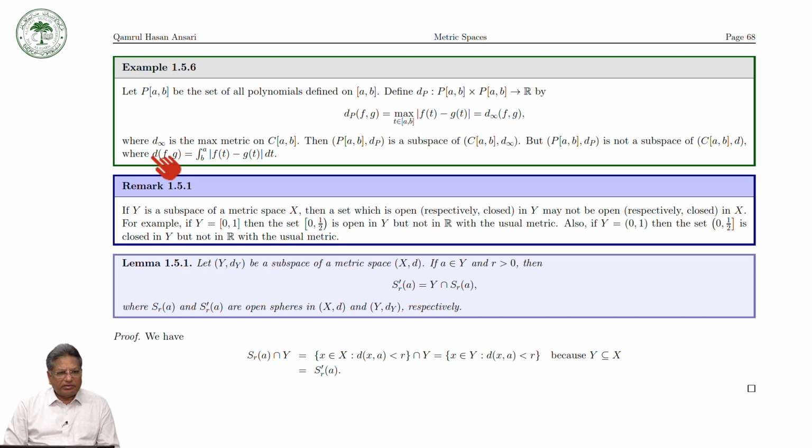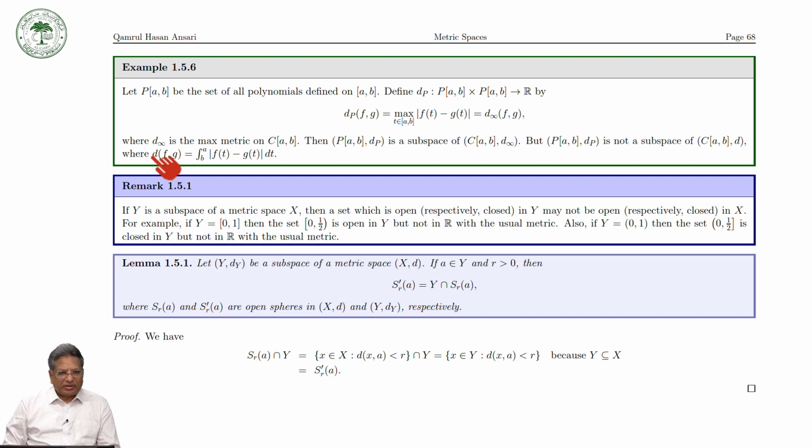Now we have a remark which says that if Y is a subspace of a metric space X, then a set which is open in Y may not be open in X. This is a very important point. Also, a set which is closed in Y may not be closed in X. How is it?